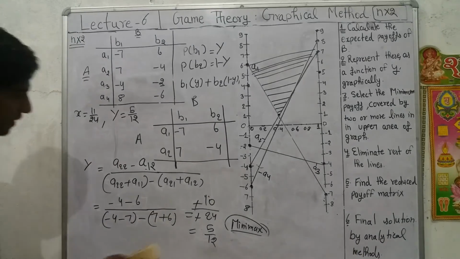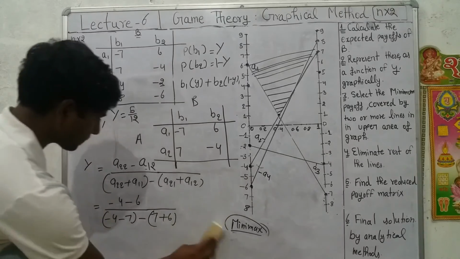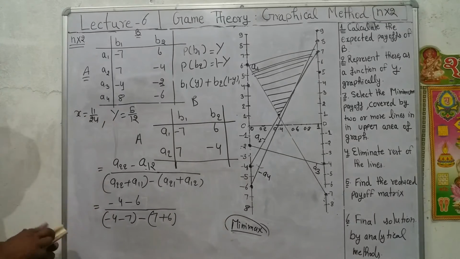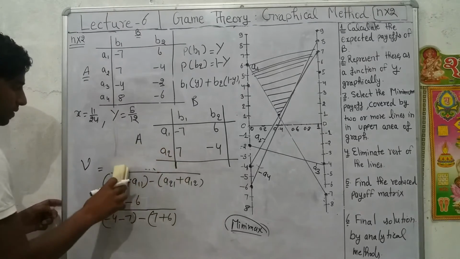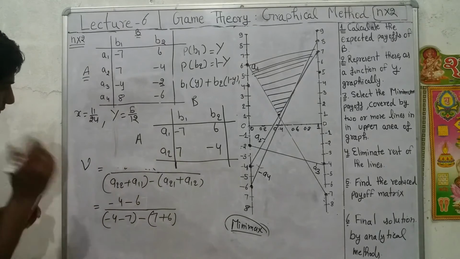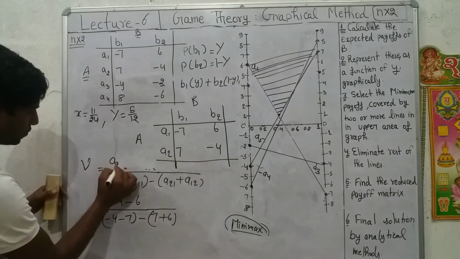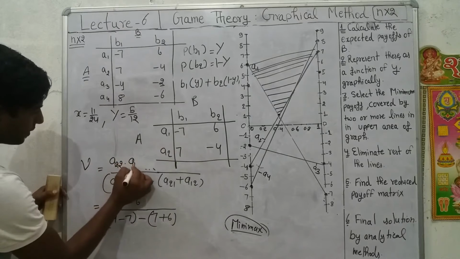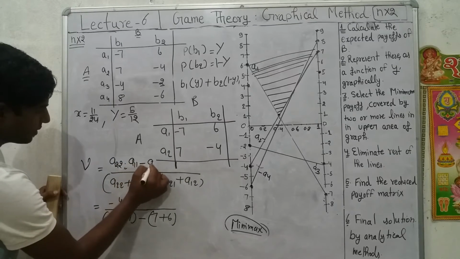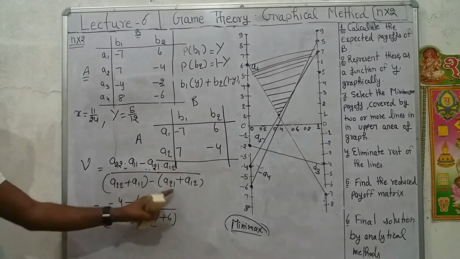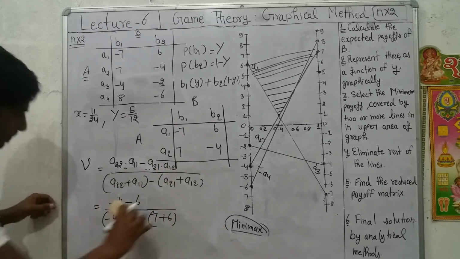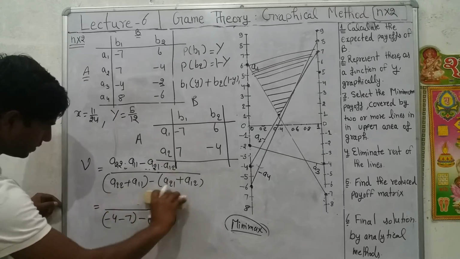Now the value of the game. The formula to calculate the value of the game has the same denominator as this formula, and we are going to change the numerator only: A22 into A11 minus A21 into A12.